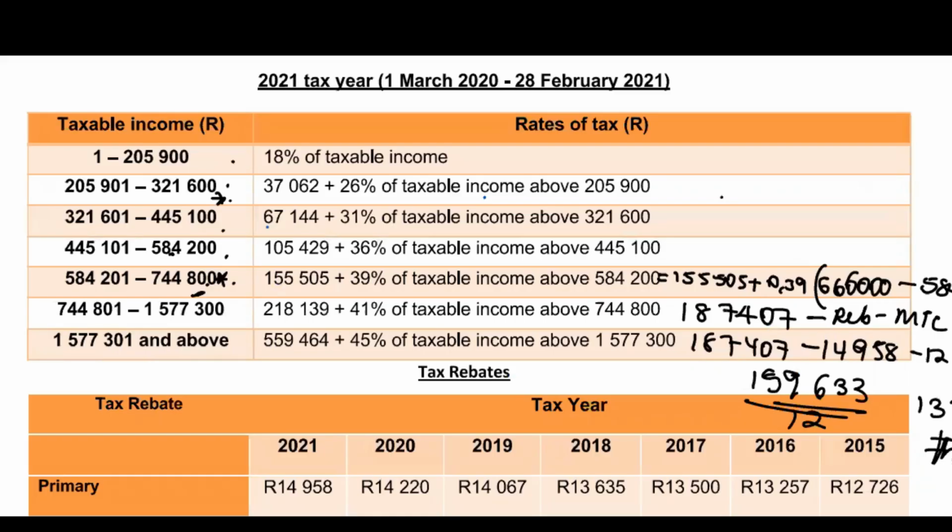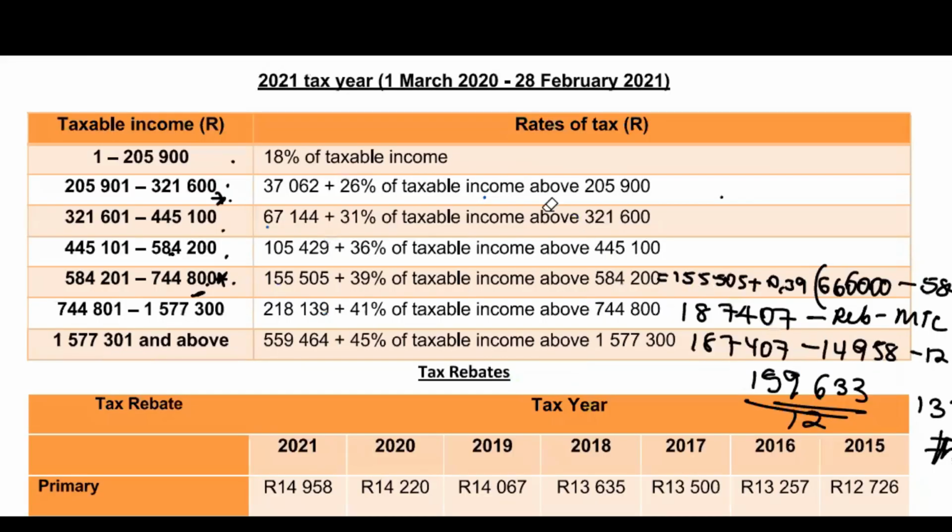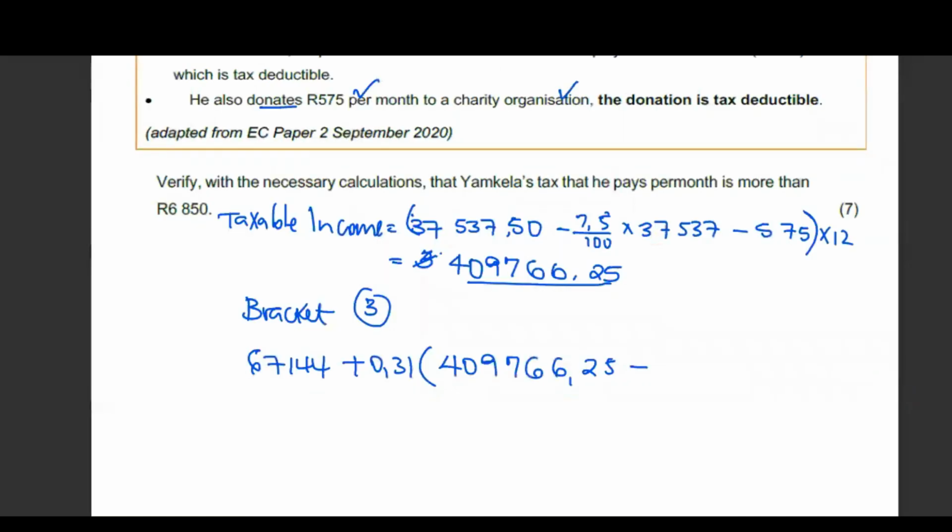Bracket number 3 says you take 67,144 plus 31% of the taxable income minus this value here that you see, 321,600.